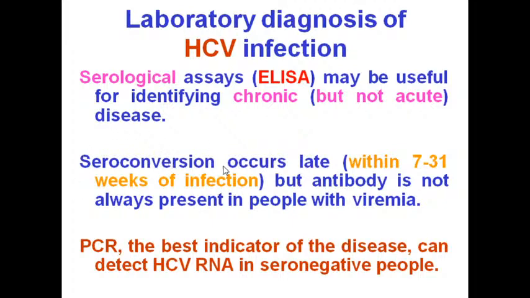It means when the patient had no antibodies and then the patient converts to seropositive for antibodies against hepatitis C. PCR is the best indicator of the disease, when we can detect hepatitis C virus RNA in seronegative people. Seronegative means those who don't have antibodies. And that is very important. The most accurate and sensitive method for diagnosis of hepatitis C infection is polymerase chain reaction.